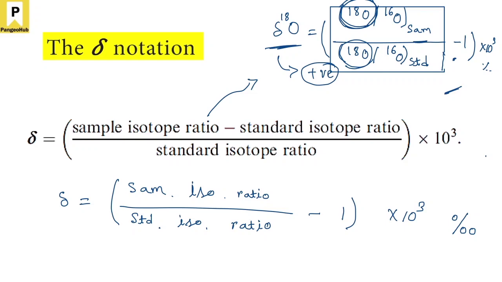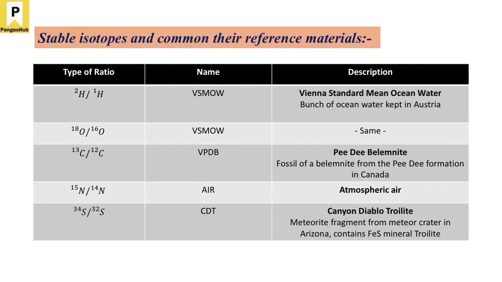So let's see some basic standards that we use. For example, here are some ratios or elements which are mentioned. Then there is the name of the standard and the description of the standard.